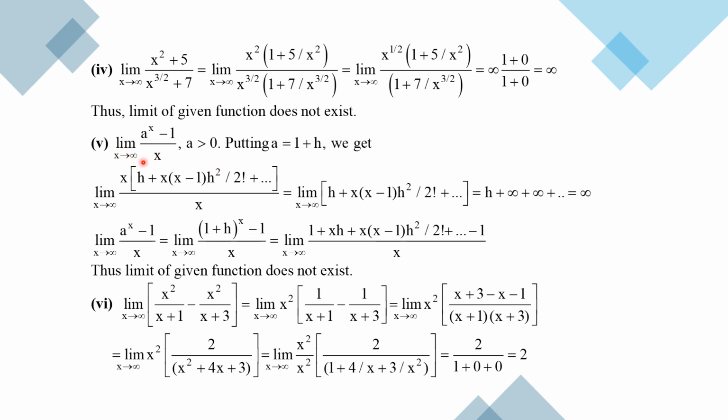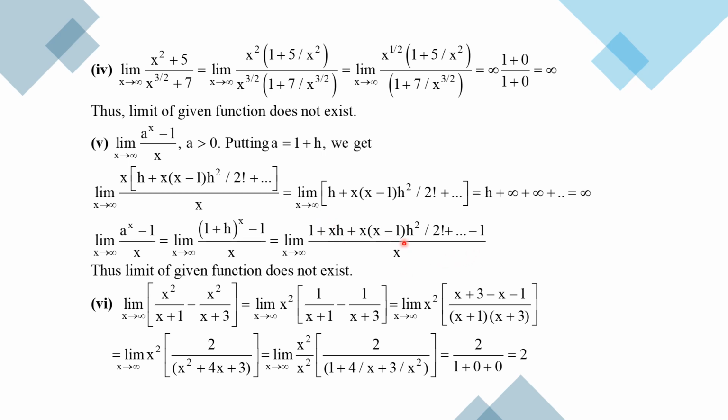Limit x tends to infinity, a to the power x minus 1 over x. Here a is greater than 0. We apply the binomial theorem by this transformation: a is equal to 1 plus h, so a is replaced with 1 plus h to the power x. Applying the binomial theorem, we will have 1 plus x h plus x(x minus 1) h square over 2 factorial, minus 1.